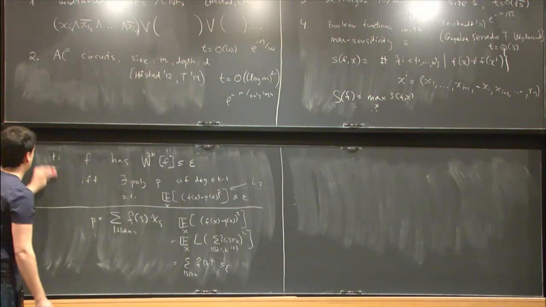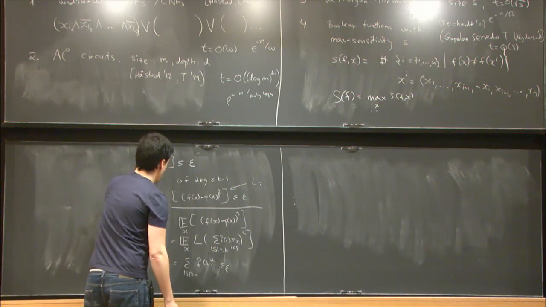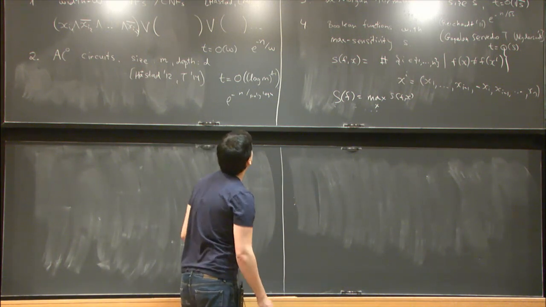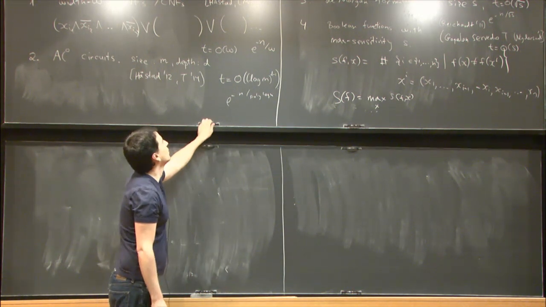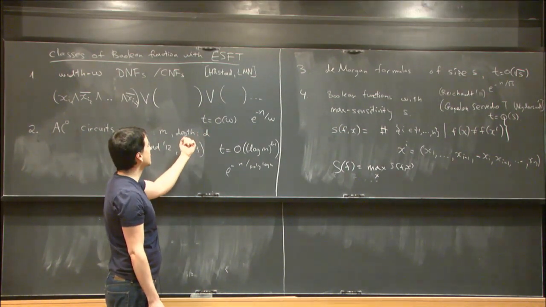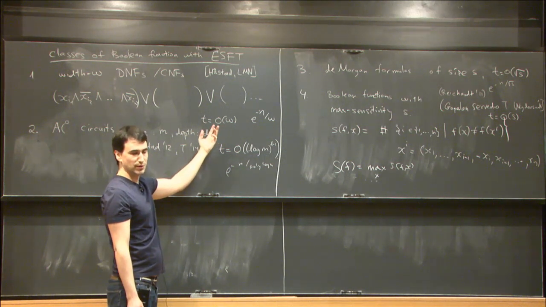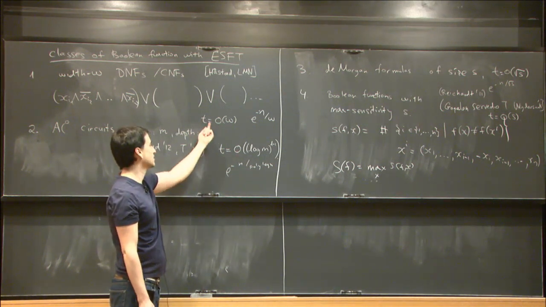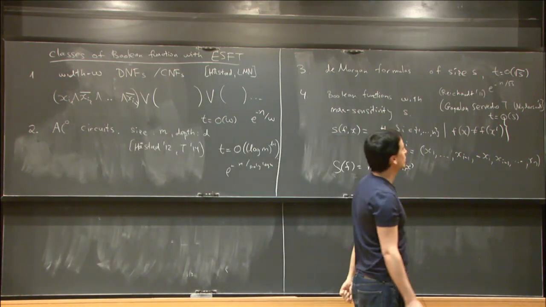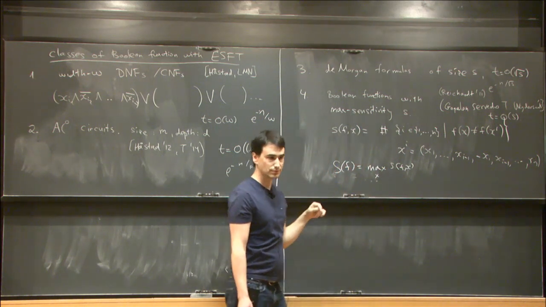Basically you can interpret all these results as saying that for any epsilon that you choose, there is a degree t times log 1 over epsilon that epsilon-approximates each one of these functions, where t is w here, or log m to the d minus 1 here, or square root s here, or the maximum sensitivity here. Okay?